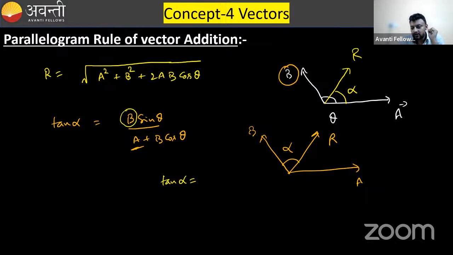So this time, this is A, and the formula will be A sin theta divided by B + A cos theta. I hope you can recognize A and B in actual questions. Is this statement clear? What is B? What is A? I hope this is clear to everyone.